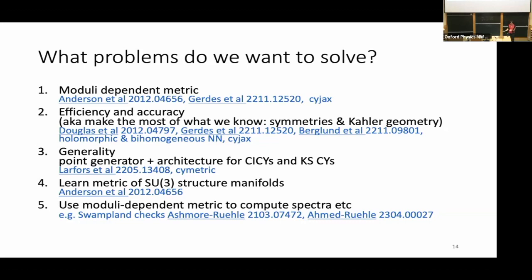There are these other methods that we will come back to in a few slides, where you can train, say, by predicting the Hermitian matrix H instead, and then you get something that is naturally moduli dependent with respect to the complex structure moduli, within the range in complex structure moduli space where you have trained it. So that's also something you can do.